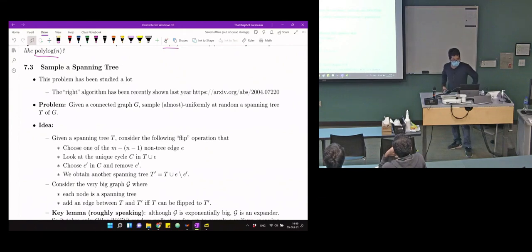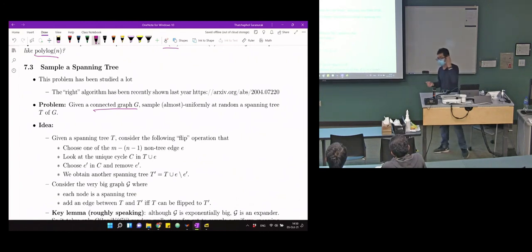So the last thing I want to tell you is an algorithm to sample a spanning tree. The problem here is you have a connected graph, so there exists a spanning tree because the graph is connected.